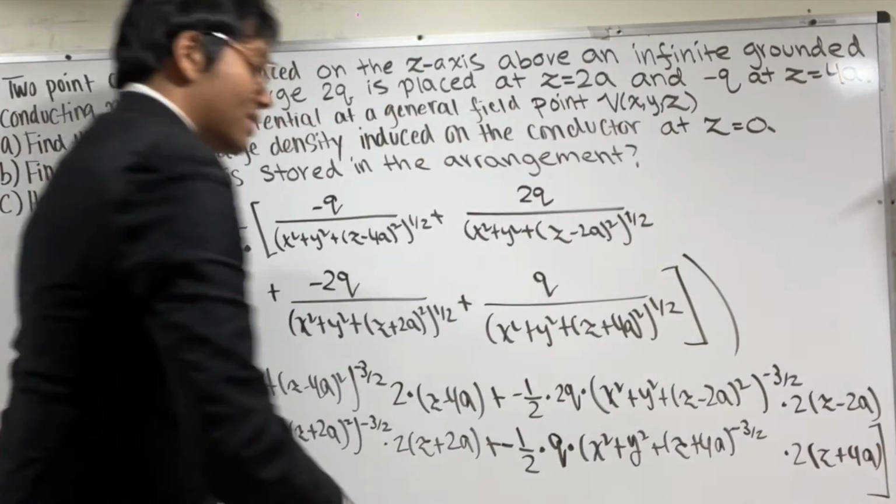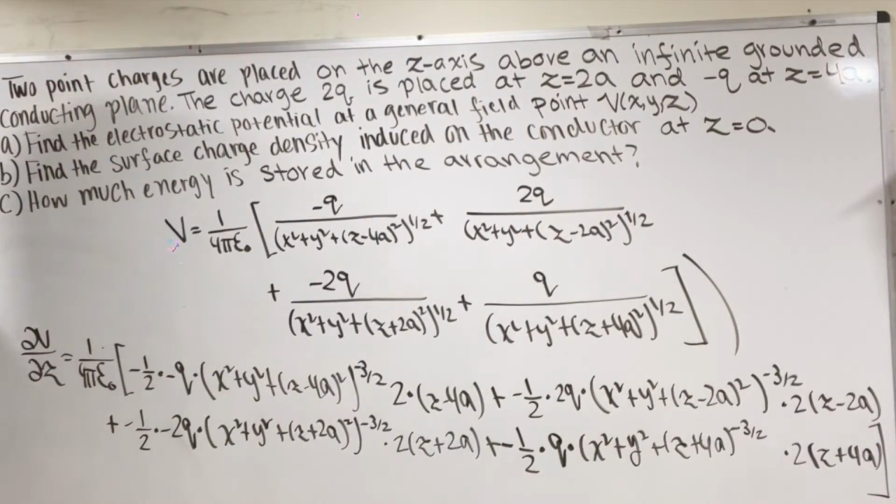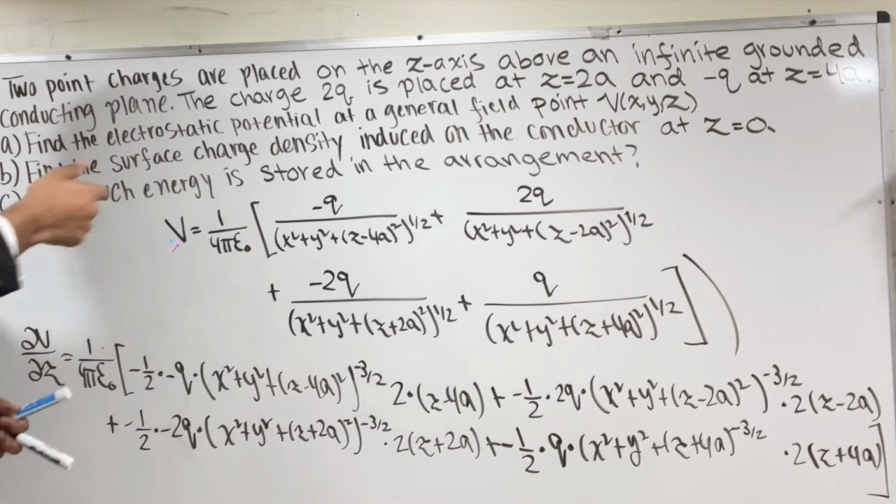And there you go, that's the derivative. So all of this needs to be simplified, but that is the general idea for this problem. And in fact, one more thing: since we're evaluating this as a surface charge density at z equals 0, we have to make all of the z 0.